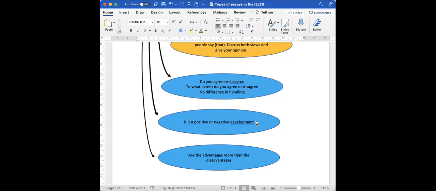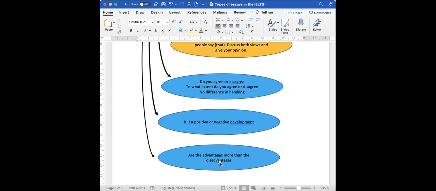By giving a concession, you can agree with a concession, you can disagree with a concession, and in a positive or negative development, you can say there are some positives, but overall it is negative. So you are giving a sort of concession to the positive side, but basically you are saying negatives are much more. And the only difference between this last type and these two types is that in this type of essay, you cannot go one-sided.